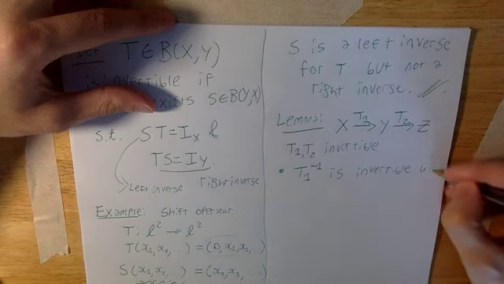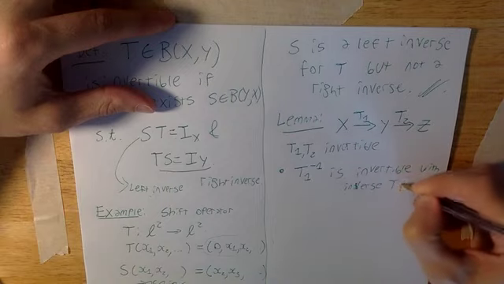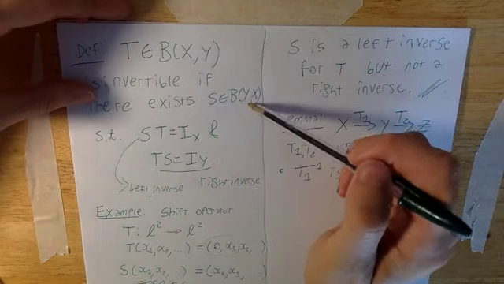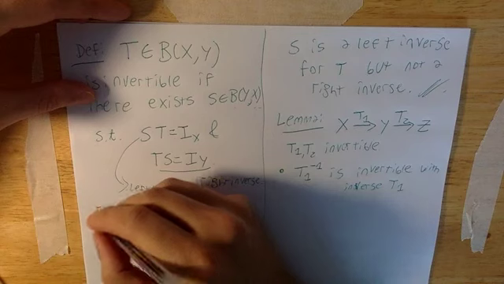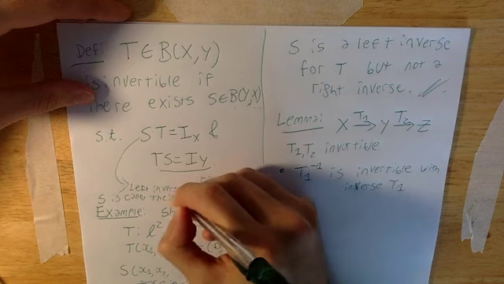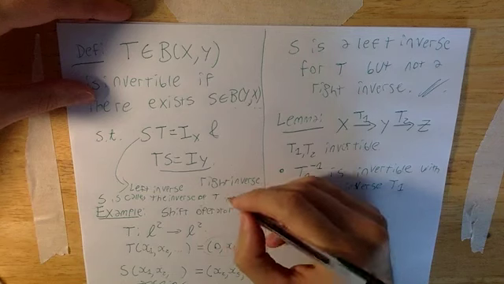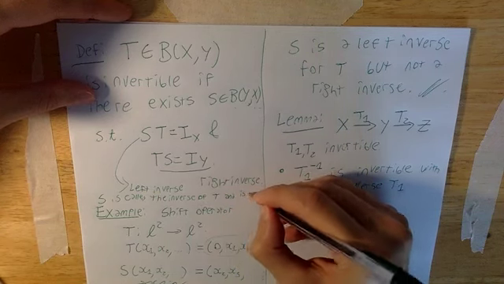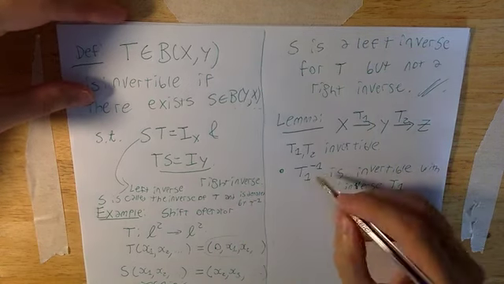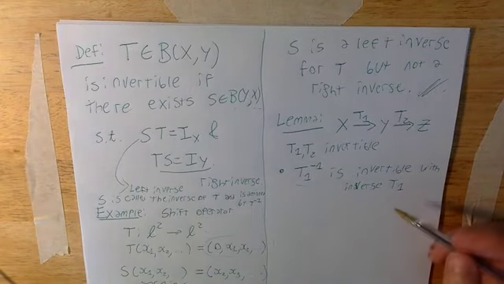I didn't say this: T in B(X, Y) is invertible if there exists S going from Y to X. S is called the inverse of T and is denoted by T inverse. So T inverse is also invertible with the inverse, which is just T itself.